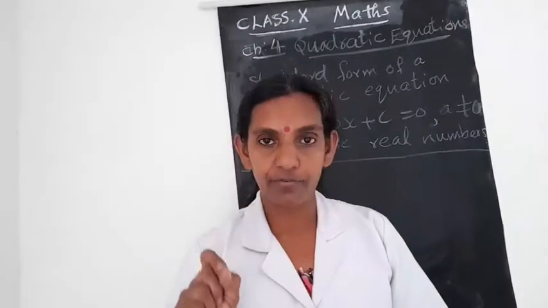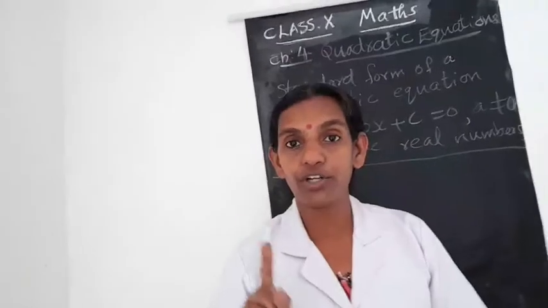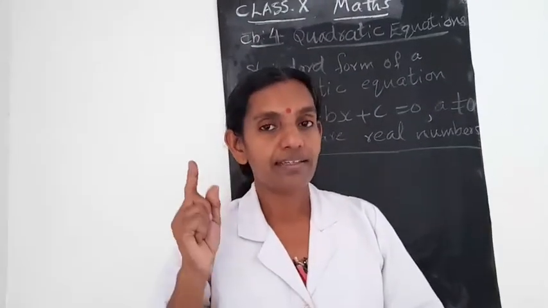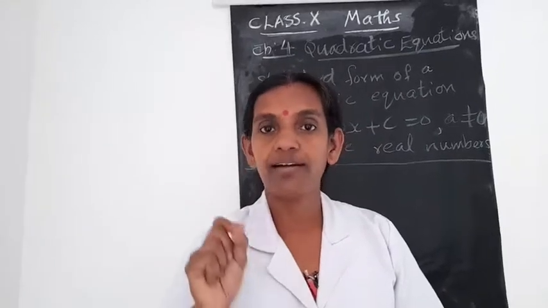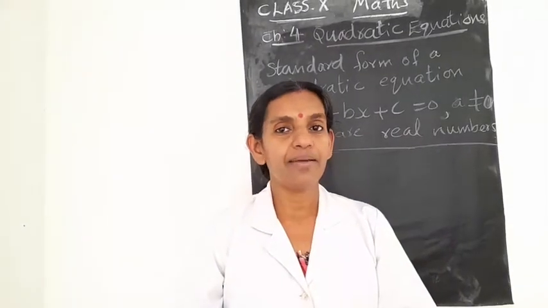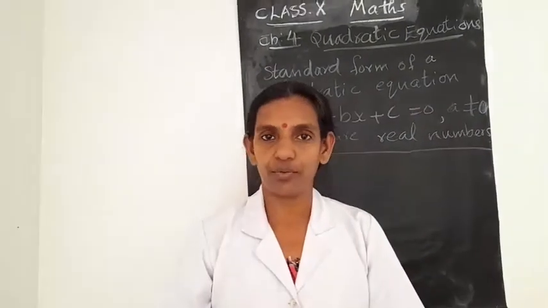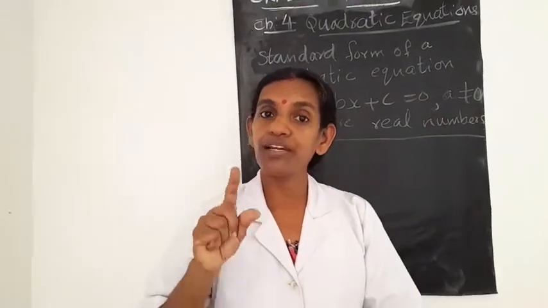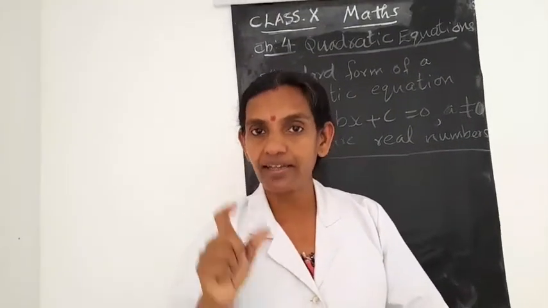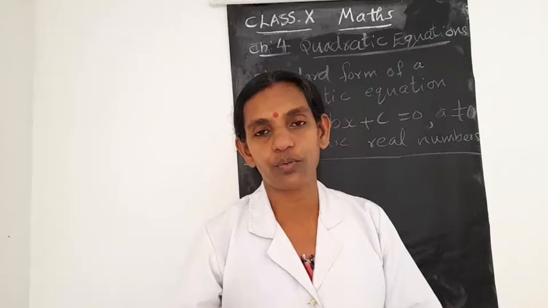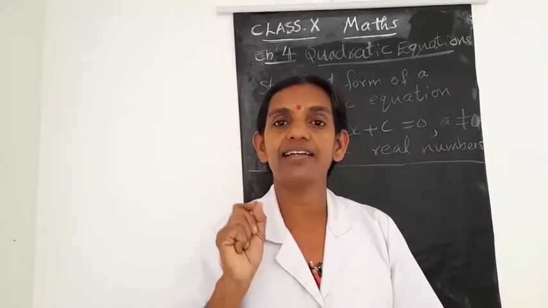So here the condition is a not equal to 0. If a quadratic polynomial is equated to 0, that is ax square plus bx plus c equal to 0, that is the standard form or general form of a quadratic equation.